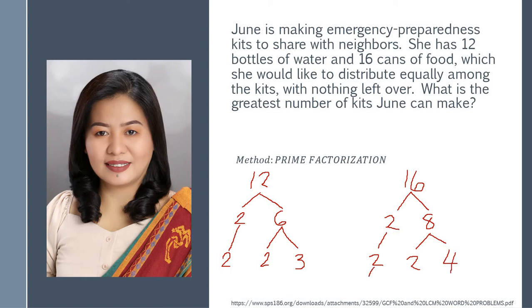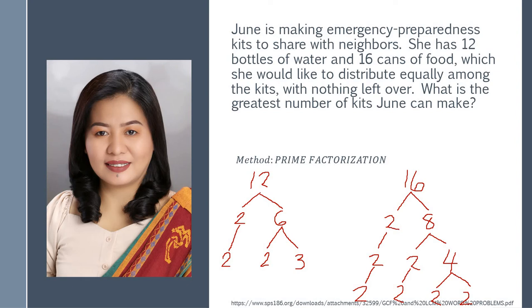So we bring down 2, and we bring down 2. And 4 is also divisible by 2 and 2. So the factors of 16 are 2 times 2 times 2 times 2.